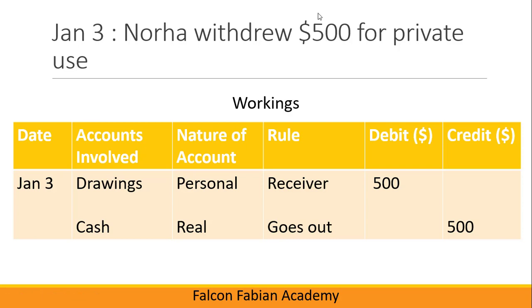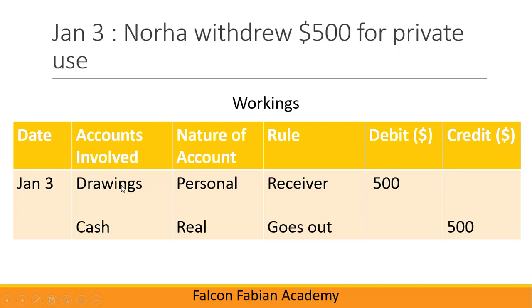Whenever the owner withdraws money from the business, it is referred as drawings. So one of the accounts involved over here is drawings. And what is Norha drawing from the business? She is taking cash. So the second account is going to be cash. So the two accounts involved here are drawings and cash.